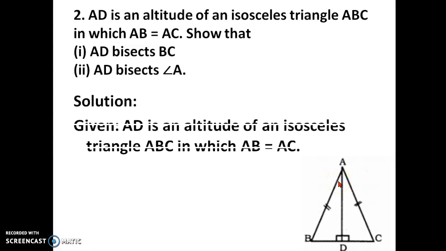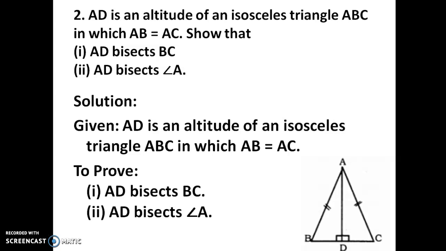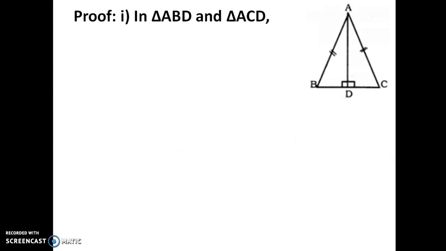Okay. So solution, write the given data first. AD is an altitude of an isosceles triangle ABC in which AB equal to AC, to prove. Okay, so that is also written. Then in triangles ABD and ACD, okay, these two triangles we are considering now.